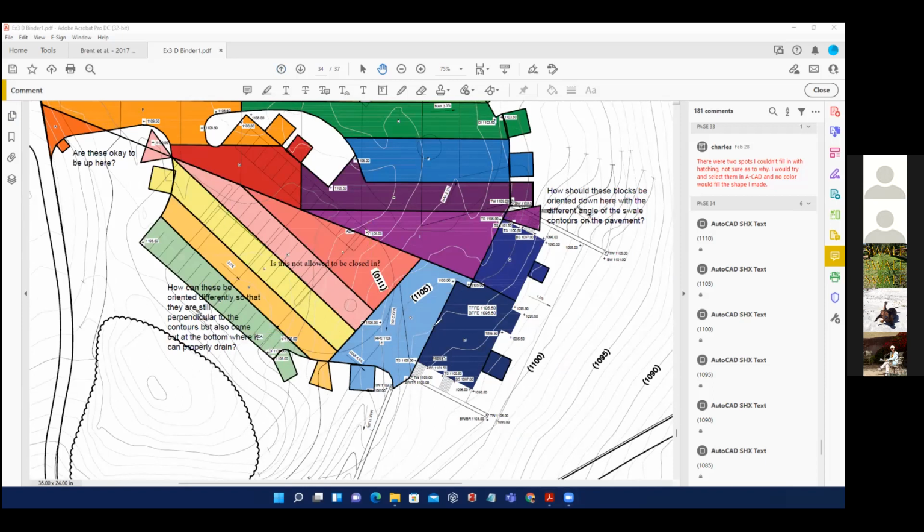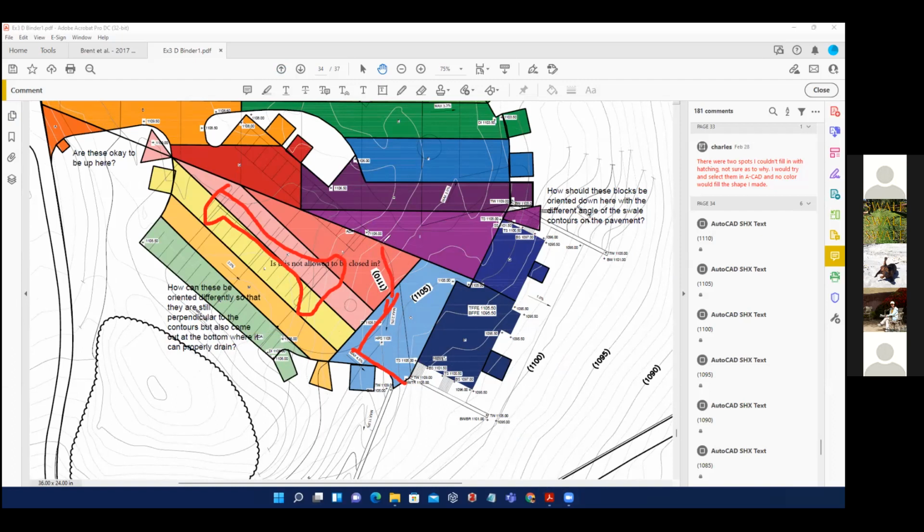Okay, I think our first thing would be to try to add islands. That would actually help a lot. And then try to reduce some of the pavement in this area. Try to reduce some of the pavement beyond the drop-off area.